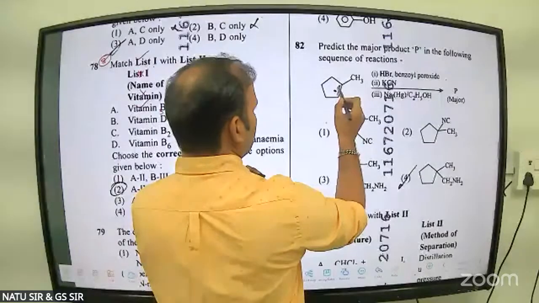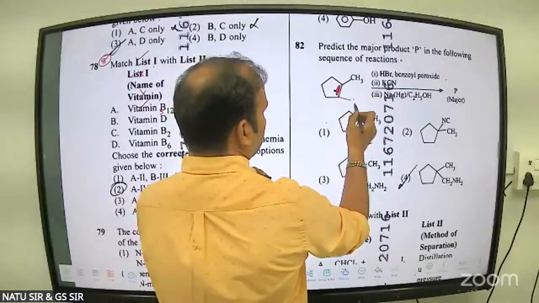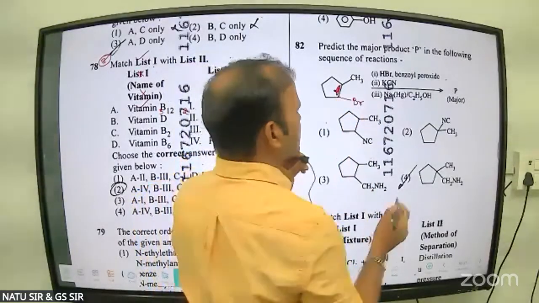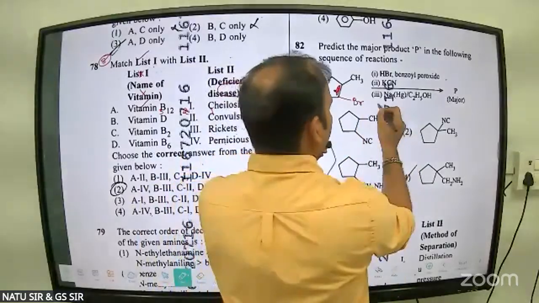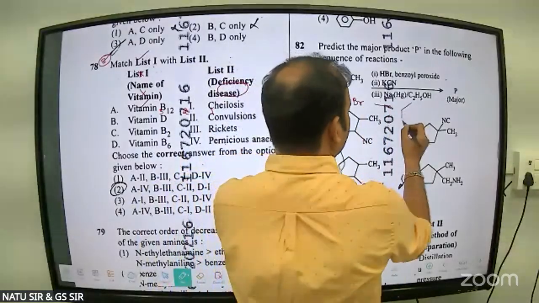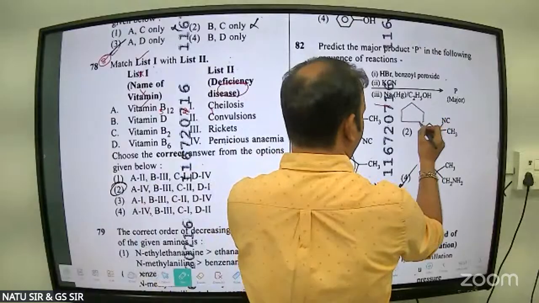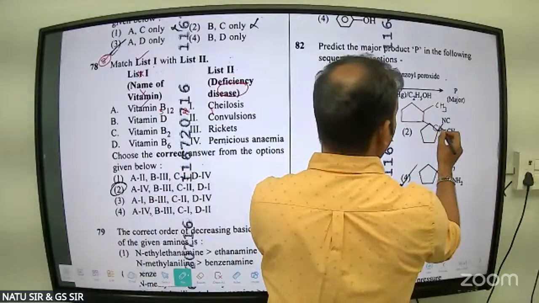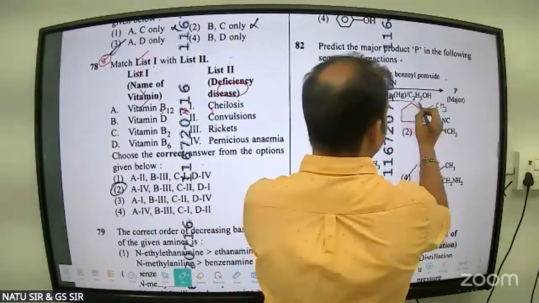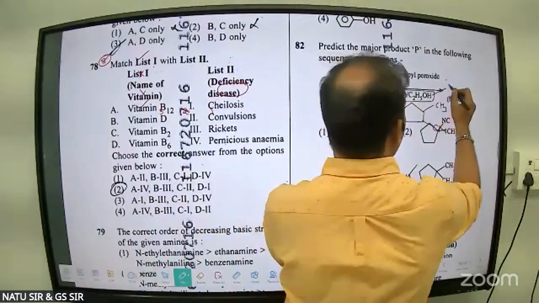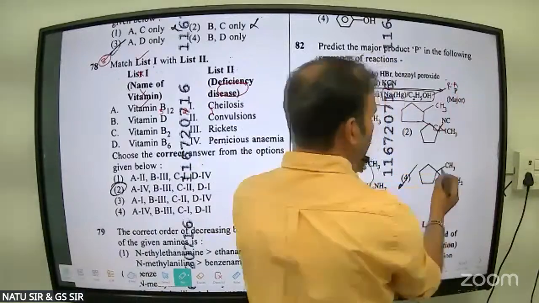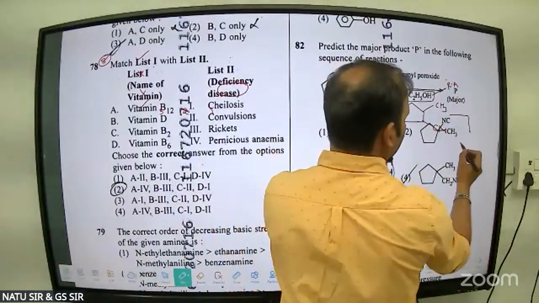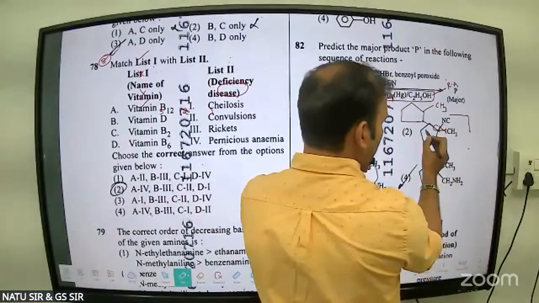So this bond will break and here you will get Br, right? फिर उसके अंदर आप CN ऐड करोगे या रिप्लेस बाय CN. So here it is going to be CH3 and here is going to be CN. And this is a what? This is a reducing agent. And being a reducing agent, CN को reduce कर देगा और CN को reduce करने के बाद that CN will become CH2NH2.